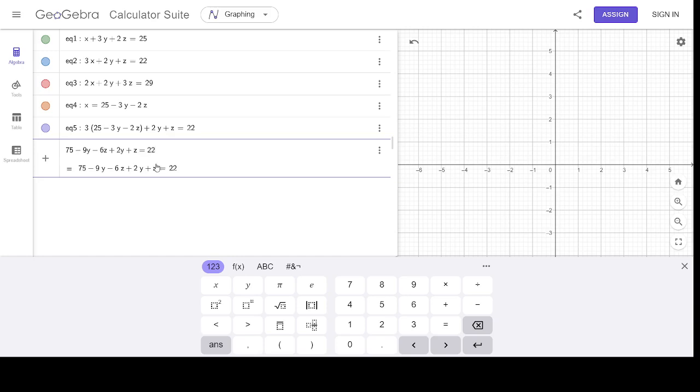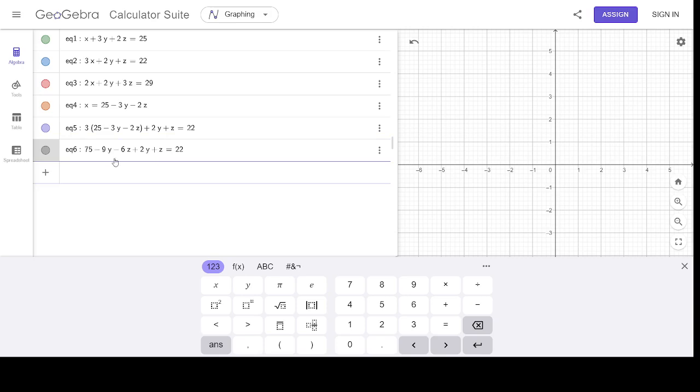All right. Now the next step is to collect all the like terms together. Let's start with y: minus 9y plus 2y.